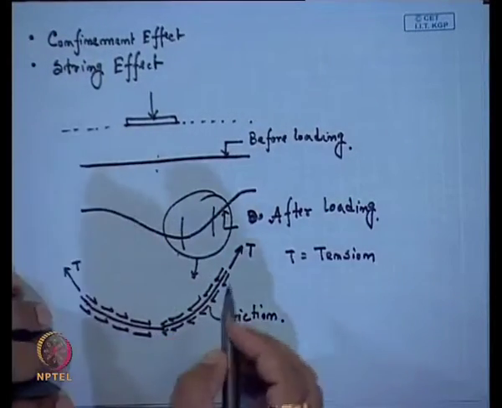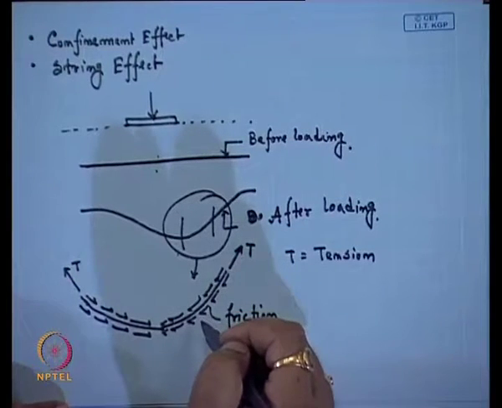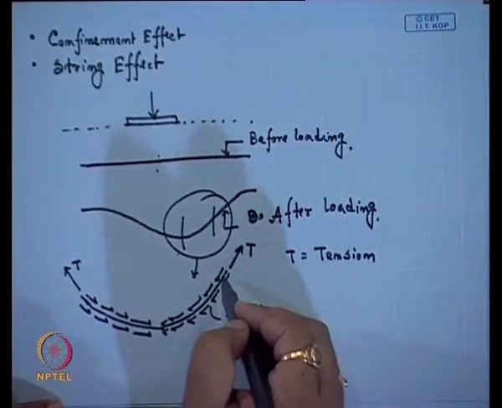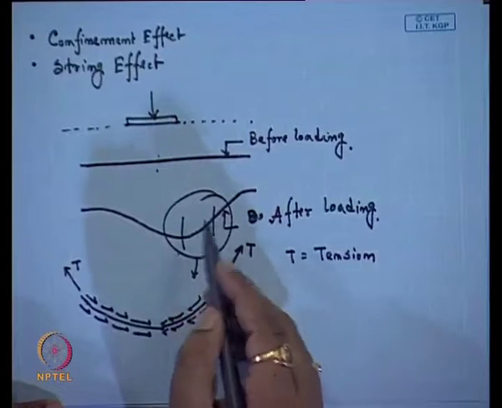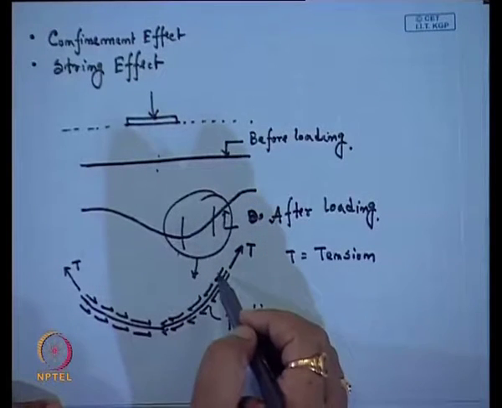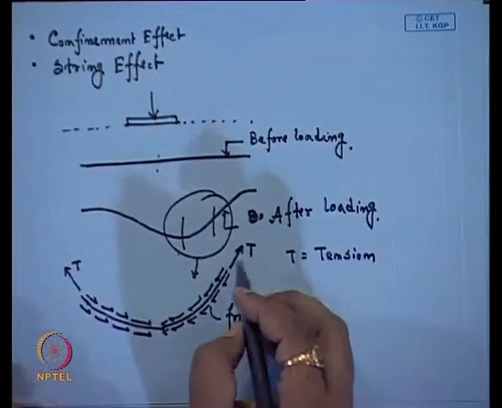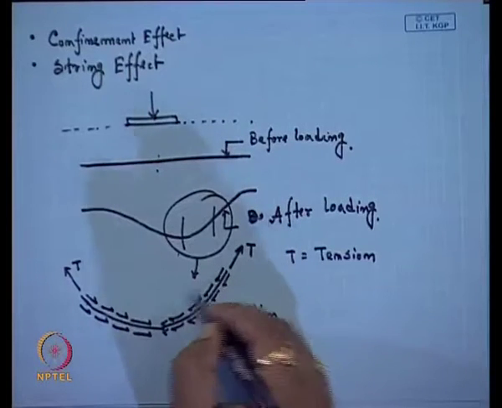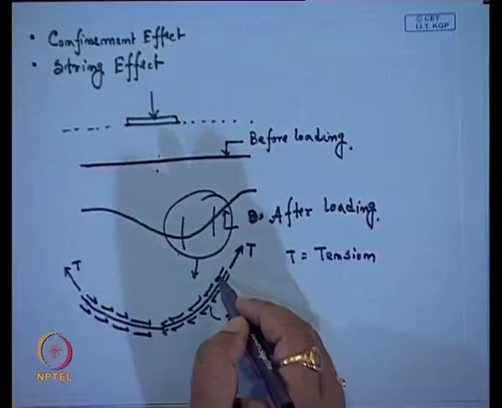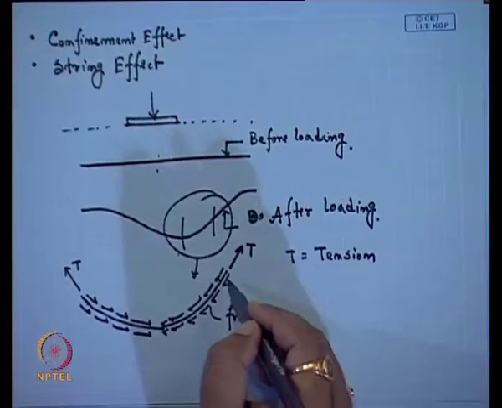Now we can say that when we apply the load, there is a deformation of the soil reinforcement, then a movement between soil and reinforcement, and then this friction is developed at the interface of the soil and the reinforcement.